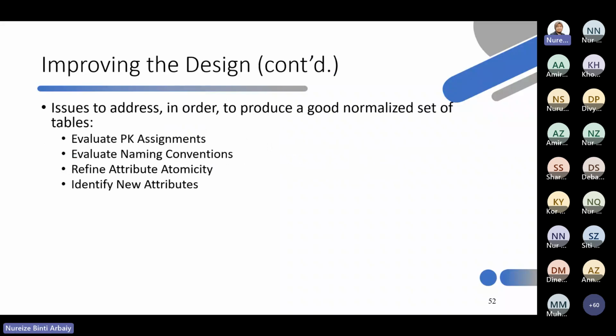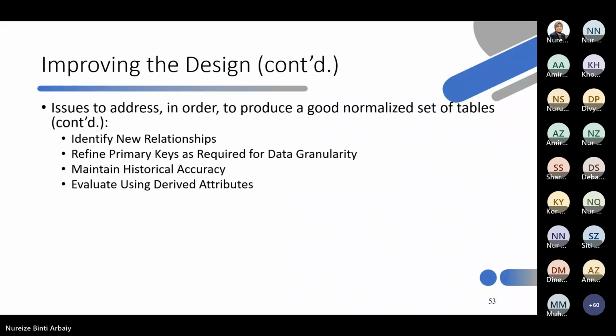Okay, these are the issues to address in order to produce a good normalized set of tables. Evaluate primary key assignment. Then you need to evaluate naming convention, which is sometimes misleading also. Refine attribute atomicity and identify new attributes, if necessary. Another one, identify new relationships, like just now.